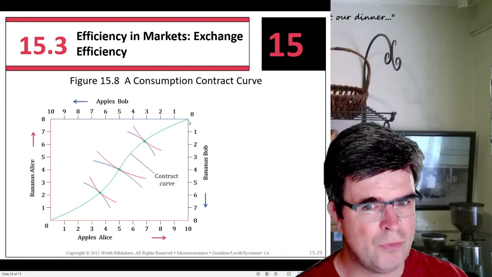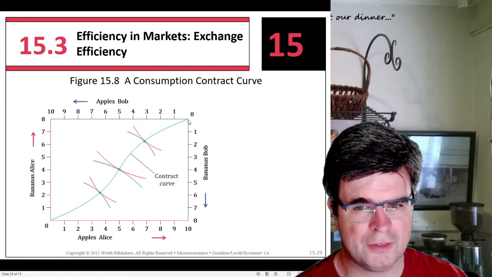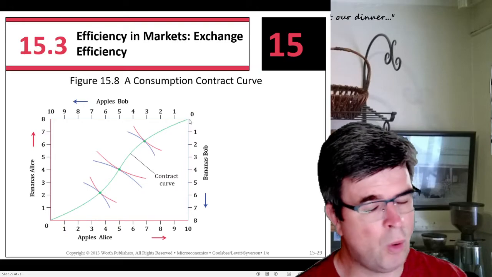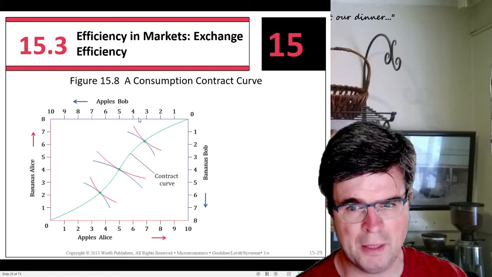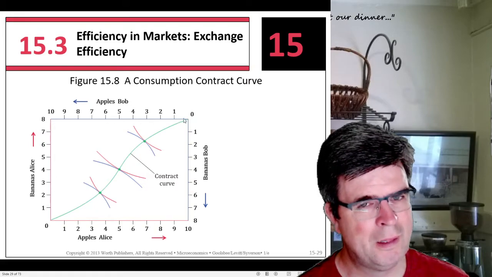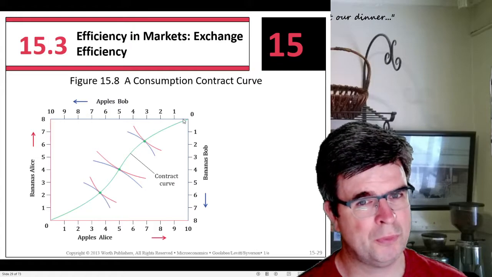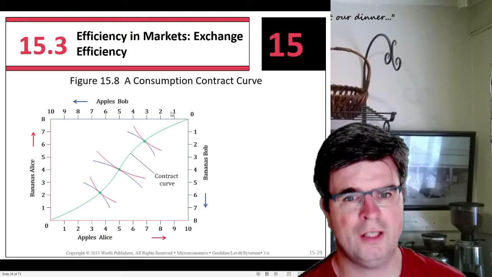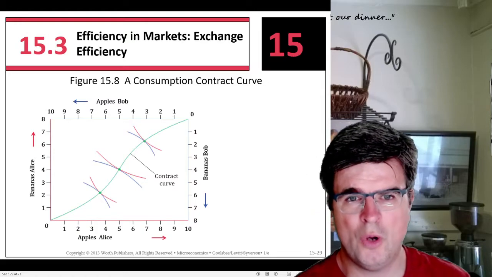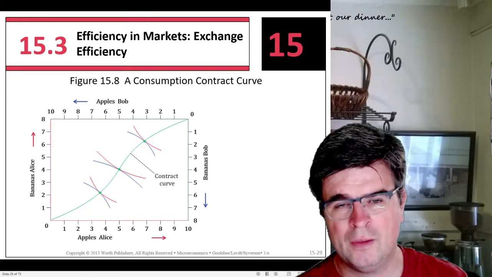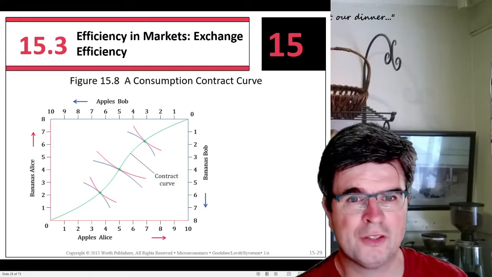So if you have as an initial endowment the situation where you give Alice all the bananas, so 8 bananas, and also all the apples, 10 apples, then this outcome is Pareto efficient. Bob doesn't receive anything, but it is efficient because there's no trade possible that can make Bob better off while not making Alice worse off.